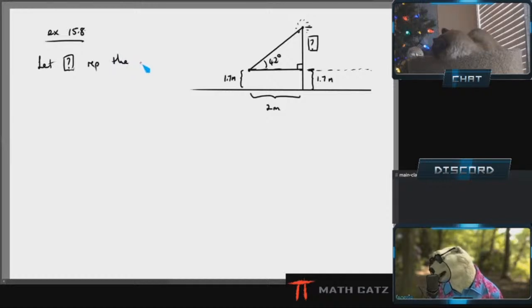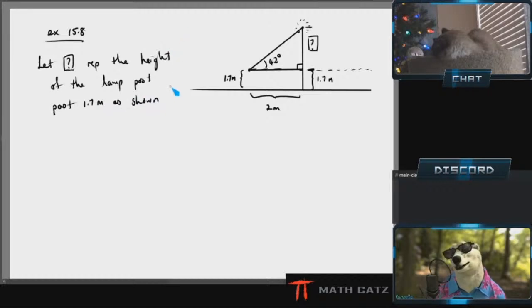Let that represent the height of the lamp post past 1.7 meters as shown.